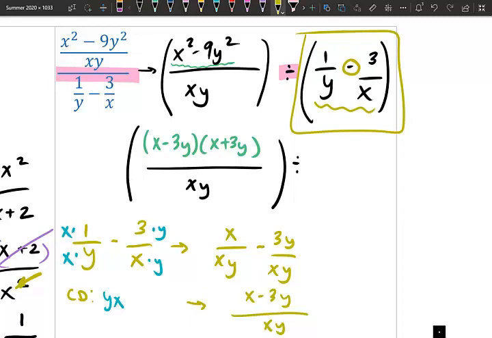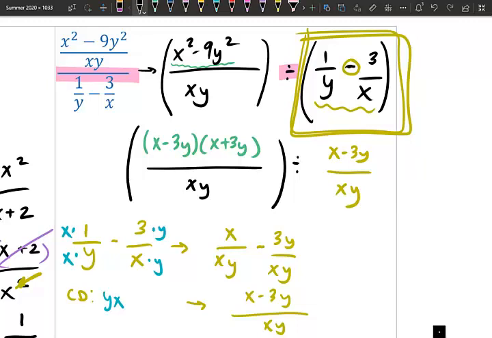So that's what we can switch this to. If it's telling you to add or subtract, if it's telling you to do some type of operation, you have to do it, because that's part of simplifying.